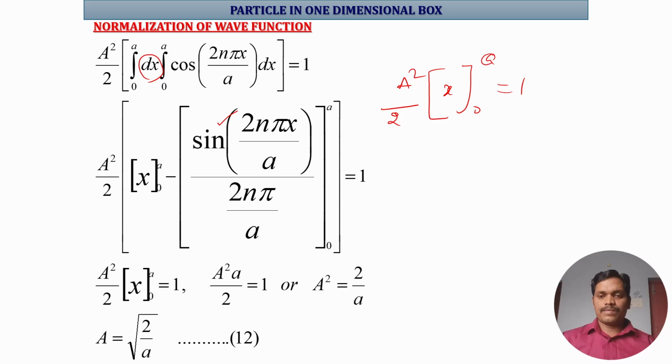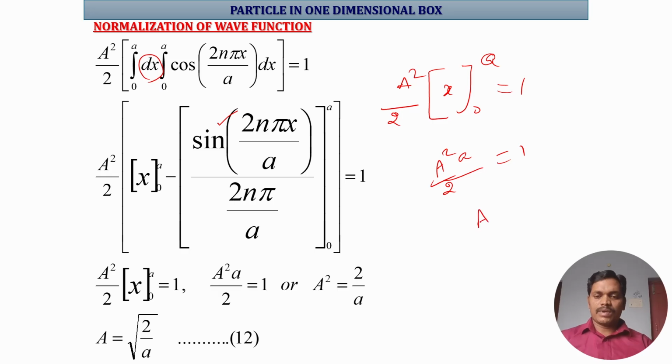As we know, 1 is the condition for particle present. So substituting the limits, A²/2, instead of x, upper limit minus lower limit, so we have A² a/2 equal to 1.